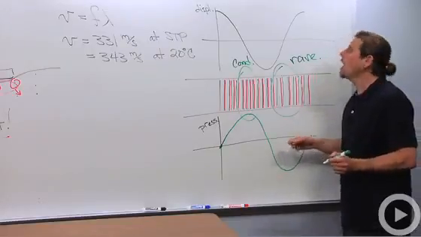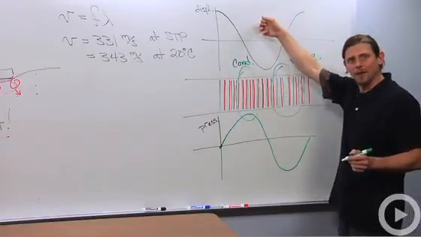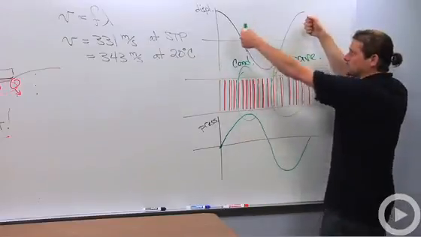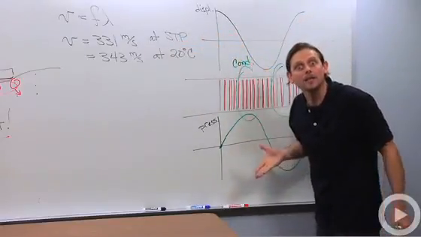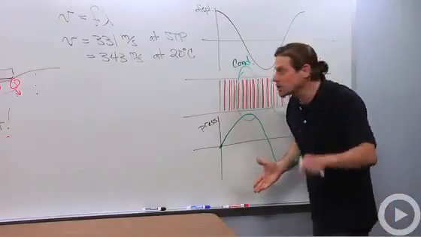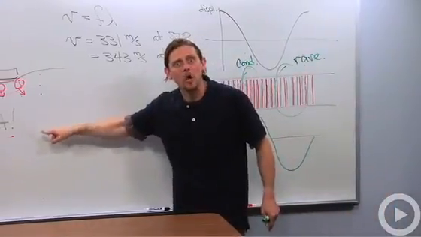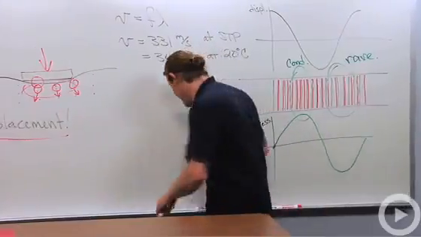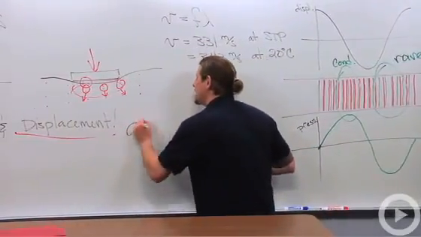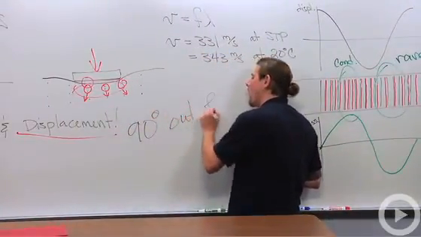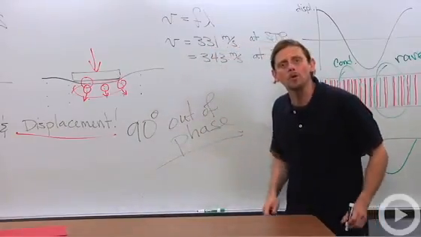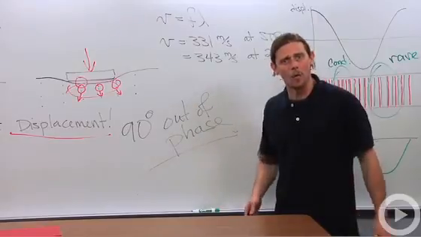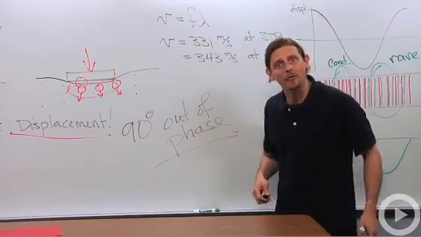So if we compare the pressure wave with the displacement wave, we see that we took the displacement wave and just moved it over to the right 90 degrees. So the pressure and displacement waves are 90 degrees out of phase. This will be very important to us when we discuss standing waves associated with sound.